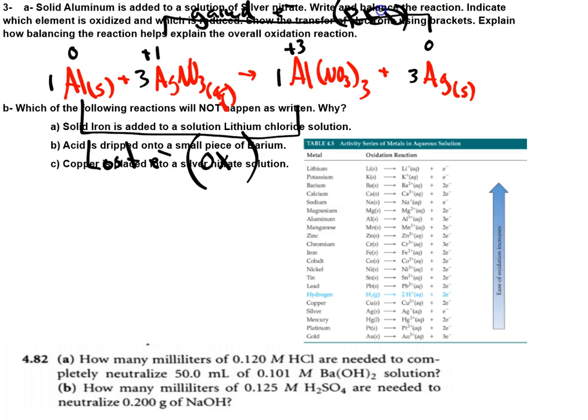You okay with that? On the test, I'd no longer ask you to explain how balancing the reaction helps explain the overall oxidation reaction. So don't worry about that. But just remember, we would always say, hey, the electrons have to equal each other. When we balance it out, that does happen. Because 1 loses 3 here, and 3 will gain 1 up here.